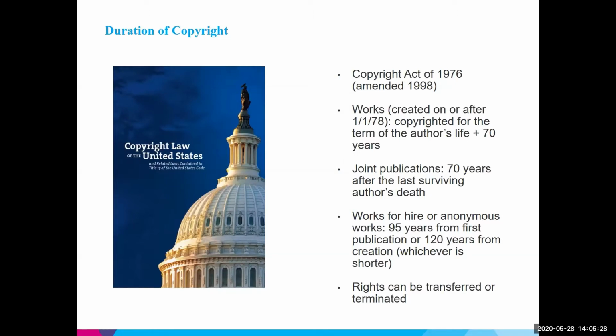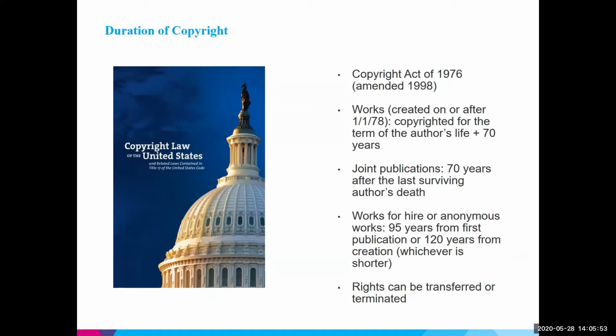And rights can be transferred or terminated. So if you have assigned rights to someone or an entity that is not yourself, you can terminate them. But this is quite complicated. So if a copyright owner transfers all their rights, that's called an assignment.